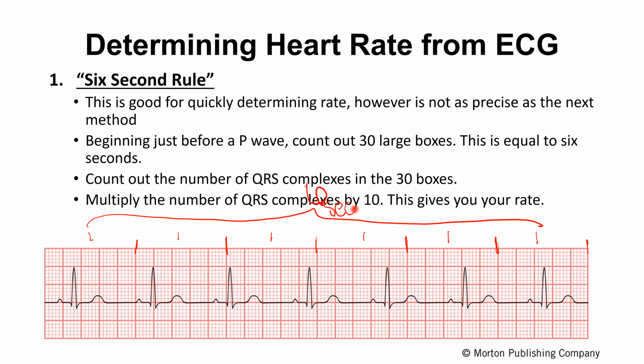This is really useful because what you can do is look at how many total wave sets you have in this segment of 6 seconds, and you can quickly determine heart rate by doing this.